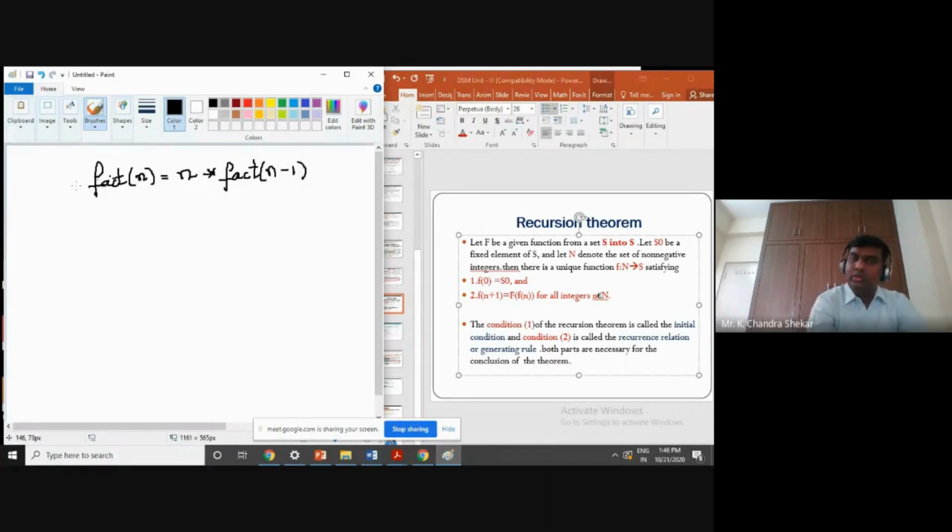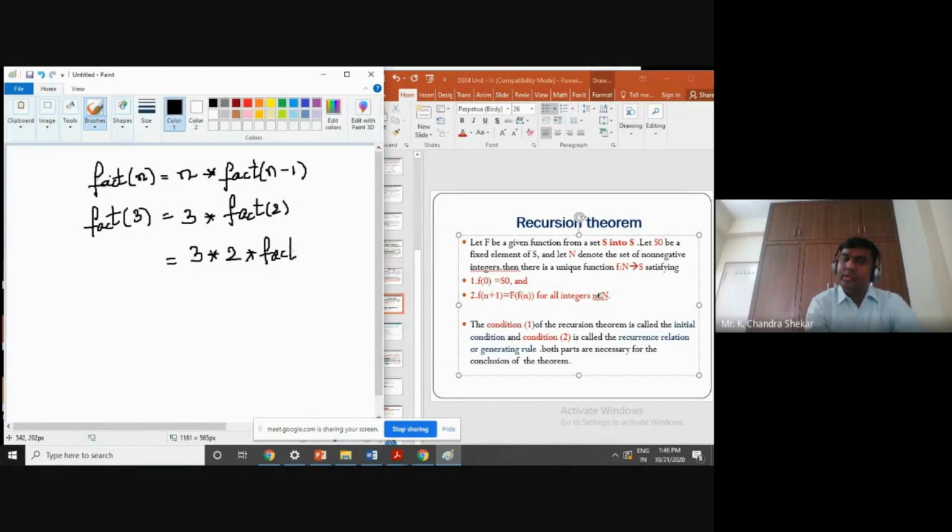Now if I go with an example with n value 3, fact of 3, I'll write 3 into fact of 3 minus 1, which is 2. Here 3 is a constant, so I take it as it is. Then again fact of 2, applying the same recursive formula, I get 2 into fact of 2 minus 1, which is 1.